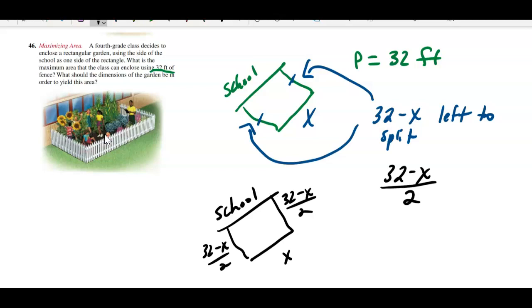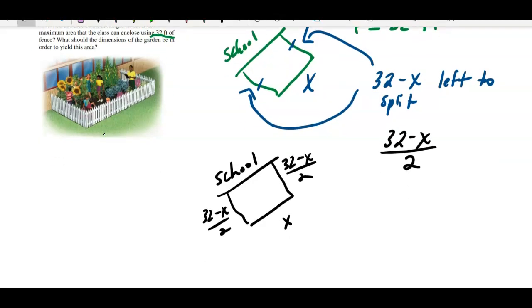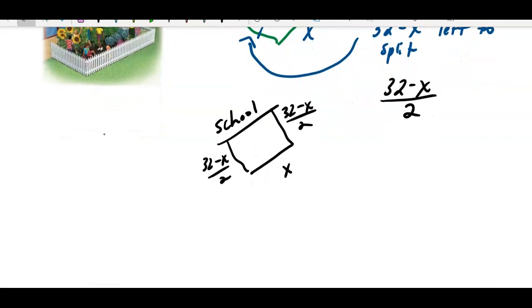All right, and so now we want to answer the question. It says, what is the maximum area that the class can enclose using 32 feet of fencing? All right, so the maximum area that we have, a rectangle. Area of a rectangle is length times width.